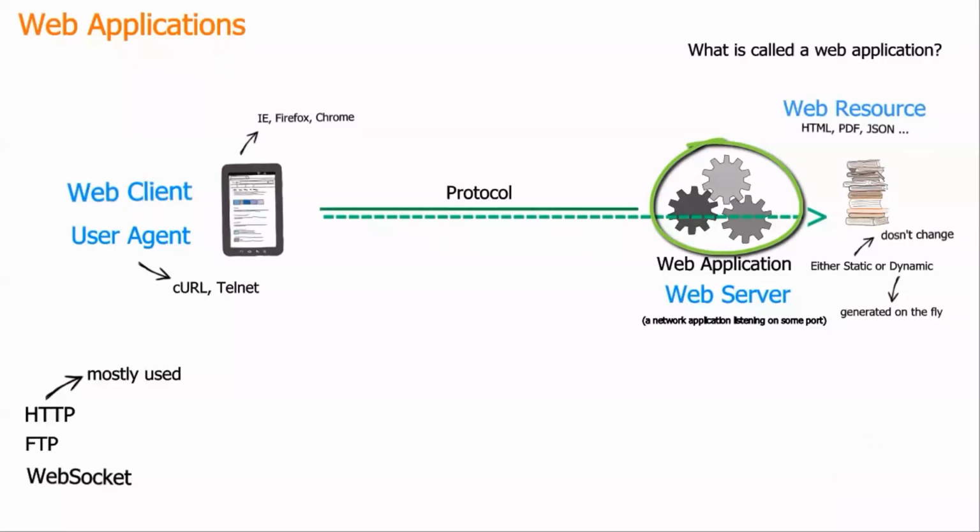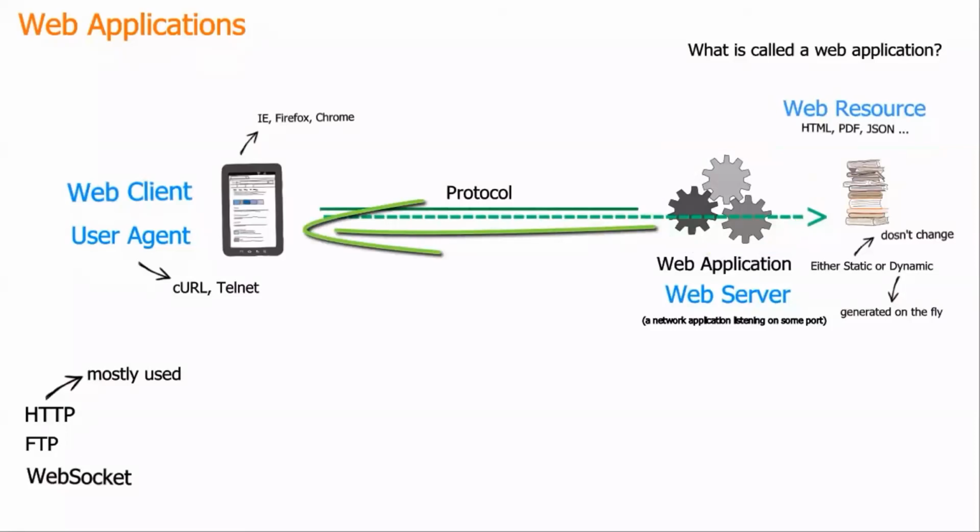So when a request for that particular resource comes from a web client, the web server gets the current time from the system, puts that into a JSON document, or an XML document or an HTML document, embedding that particular time into it, and then it sends back that document to the web client.